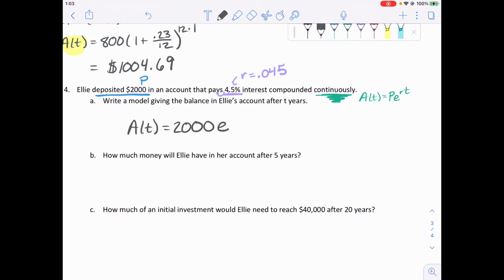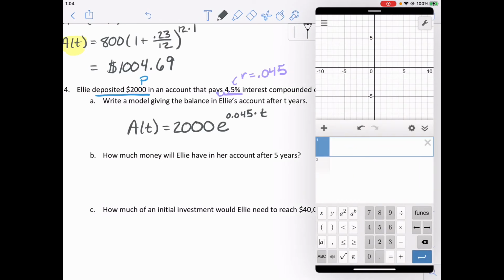Do we need to put anything there? No. This is a number. It's approximately 2.718 and so on. It's like pi. It just is what it is. R is 0.045 times T. This is our formula. We can graph this. Desmos knows what that is.